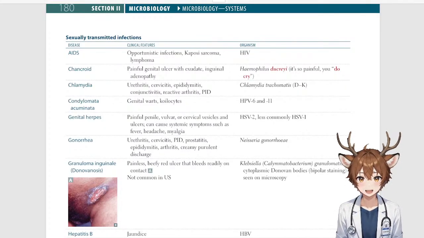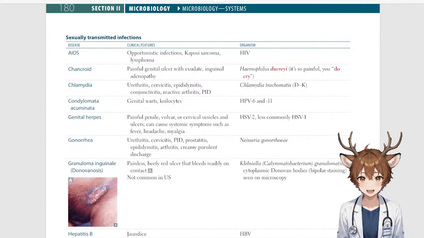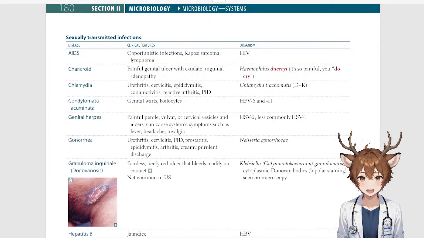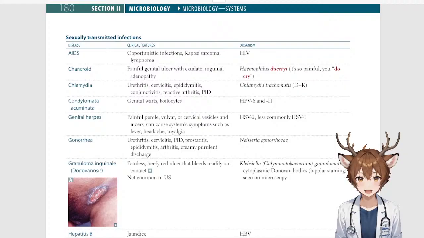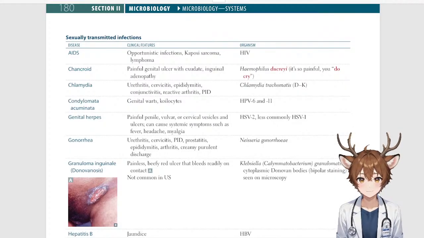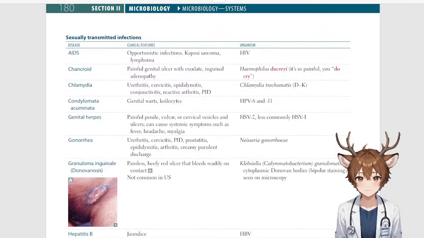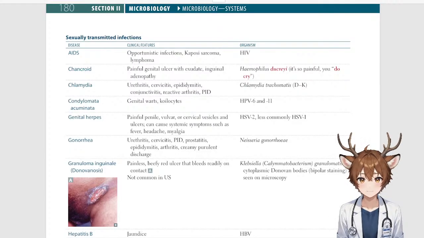Herpes genitalis. Painful penile, vulvar, or cervical vesicles and ulcers. Yes, ulcers with bilateral tender inguinal lymphadenopathy can cause systemic symptoms such as fever, headache, and myalgia. Pathogen is HSV2, less commonly HSV1.